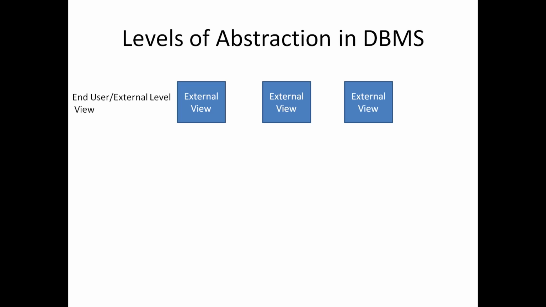If I am doing that transaction, I really don't care about what the table in my database is, or what data is being stored by the DBMS. I am just interested in getting the transaction done, let's say transferring some amount to my friend. So that becomes what is called an external or end user view. That is abstraction level 1.